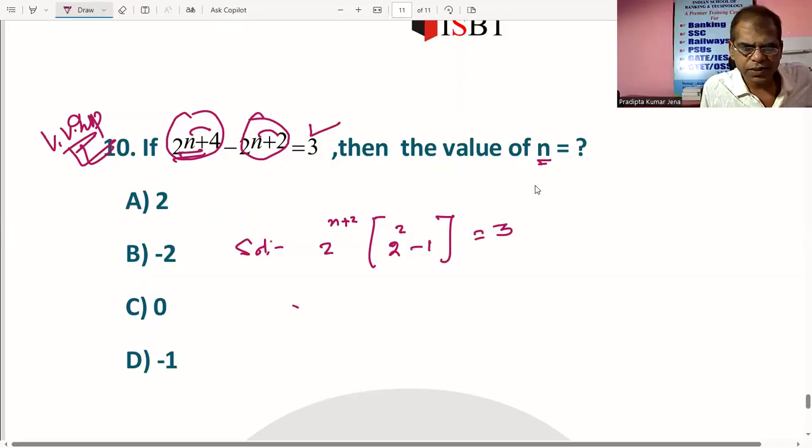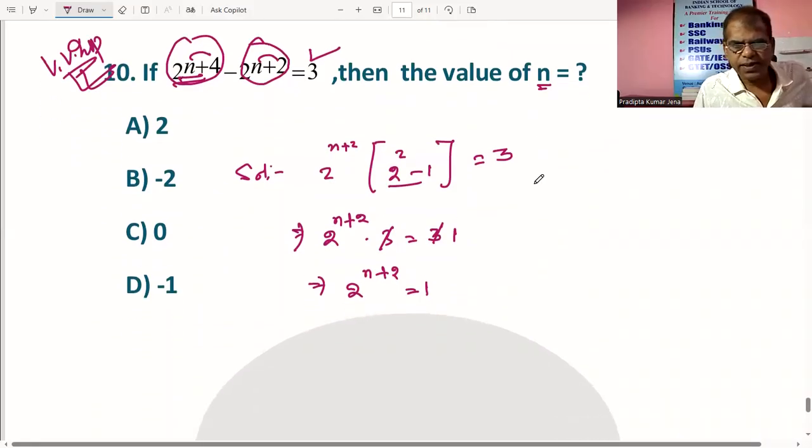Okay, so 2 to the power n plus 2 times, 2 to the power 2 is 4, minus 1 is equal to 3. So this is equal to 3. So the 3 cancels, and 2 to the power n plus 2 is equal to 1.